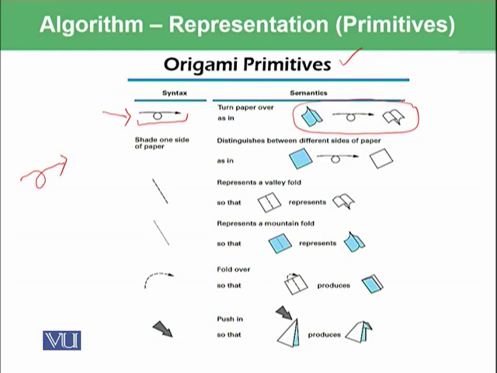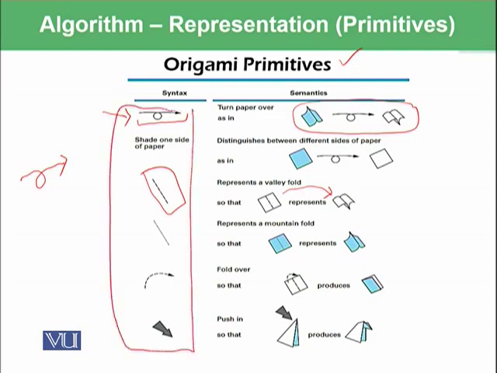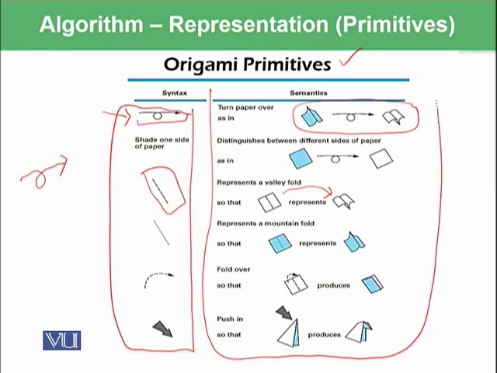Then it is, for example, saying that when we have such a symbol, it means represent a valley fold, like a folded book. So every primitive defined over here in a syntax has semantics which are defined over here. So these are the primitives of origami. However, we will learn about computer science primitives as well in detail in the next module.